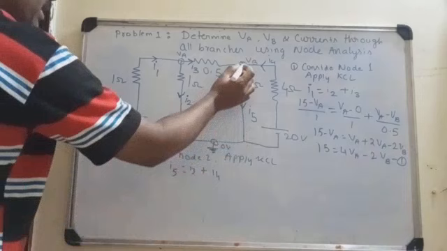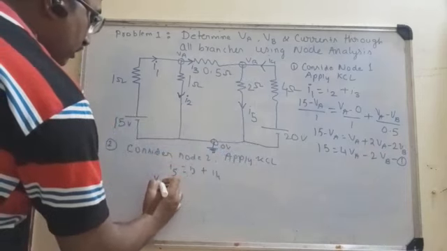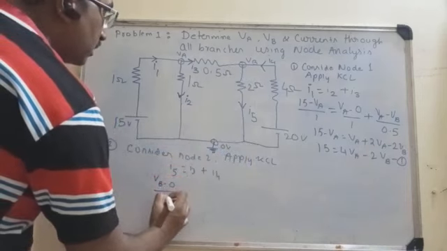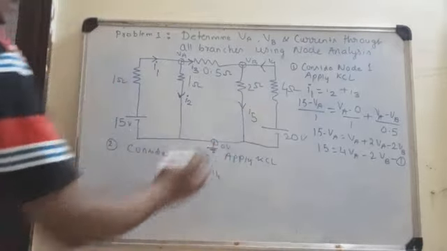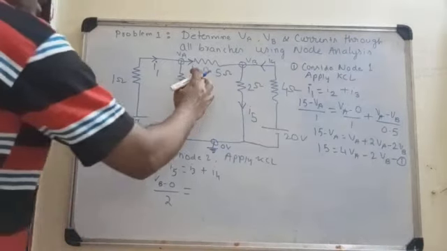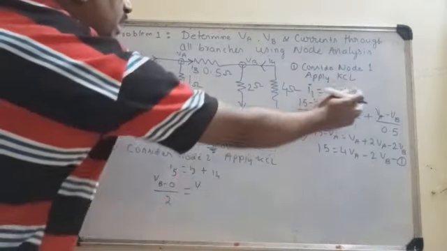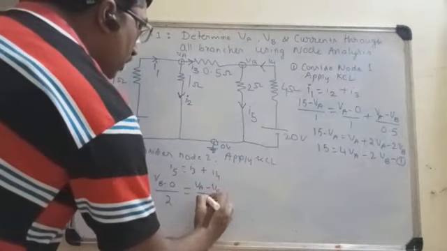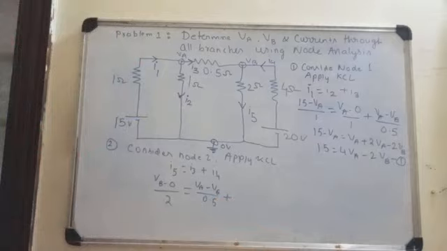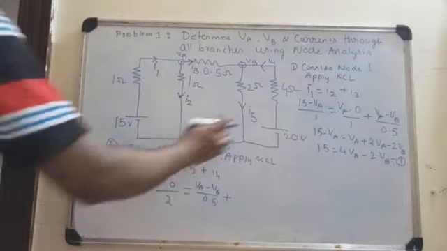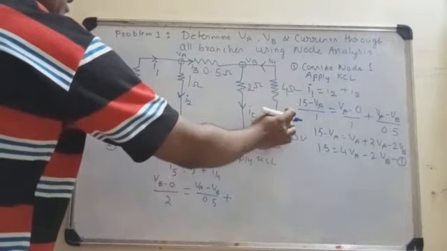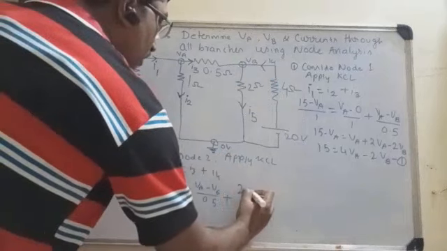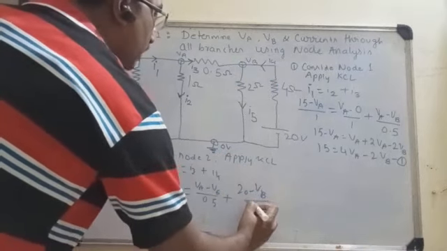I5 can be written as (VB minus 0) divided by the 2 ohm resistance. I3 is already written as (VA minus VB) by 0.5. I4 comes from here, so (20 minus VB) divided by 4.